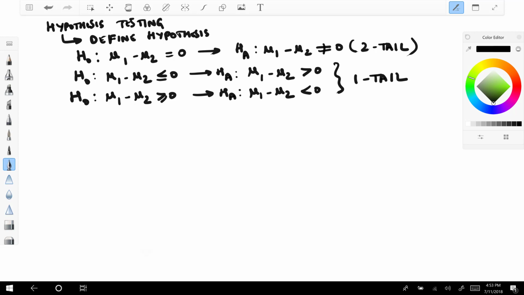So the next step of a hypothesis test would be to compare the test statistic with the critical value.